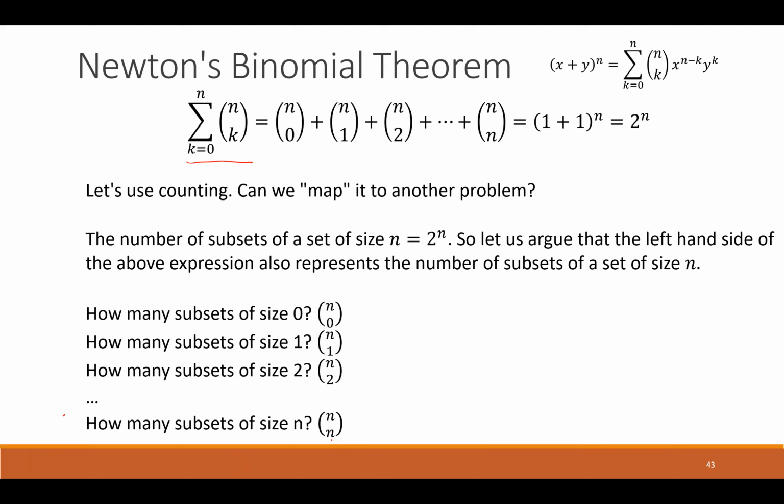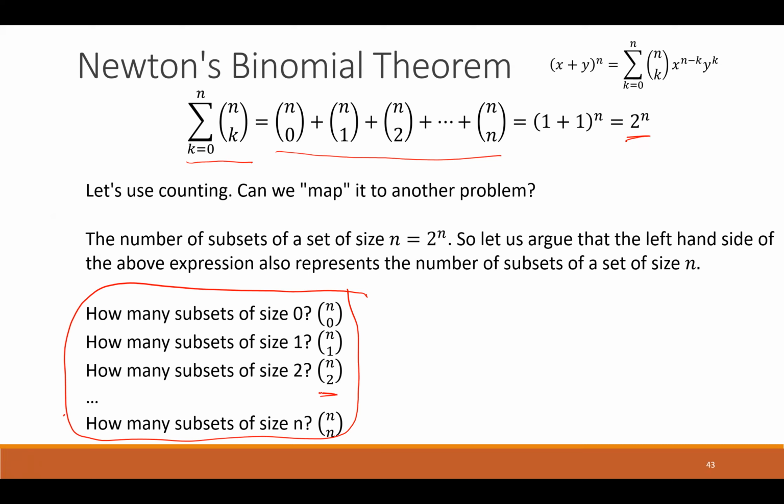So I'm arguing here, not really mathematically. I'm just explaining that if I count all of the subsets this way, and I already know how many subsets there are of a set of size n, then I can prove that this is equal to 2 to the power n, just by saying this represents taking all of the subsets from a set of size n.